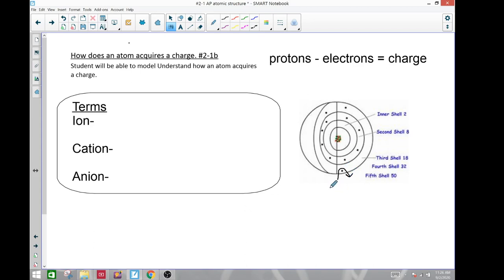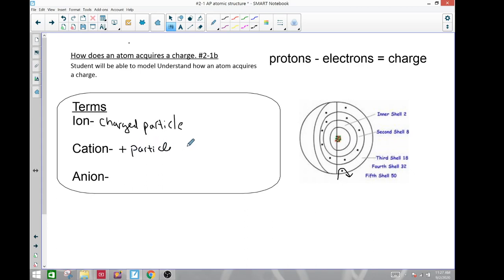So that being said, we have a couple of terms here. Ion is a charged particle. A cation, obviously not pronounced "cation", it's "cat-ion", is a positively charged particle.